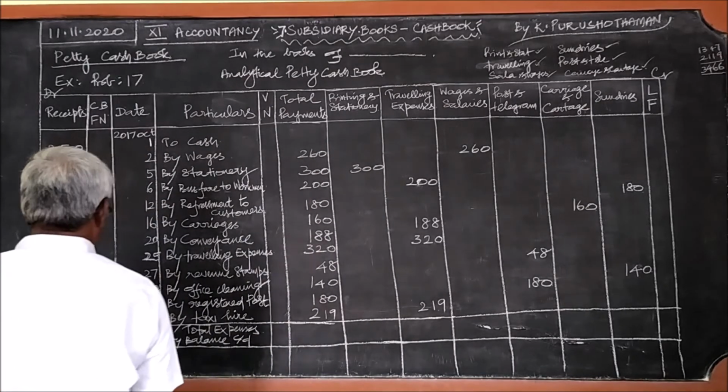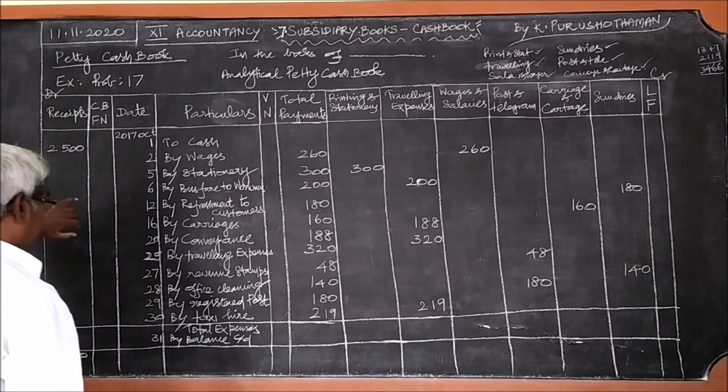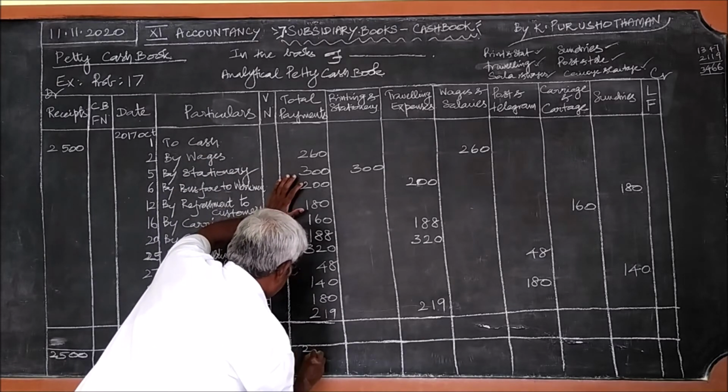Here the total receipt 2,500. Here also we should write 2,500.